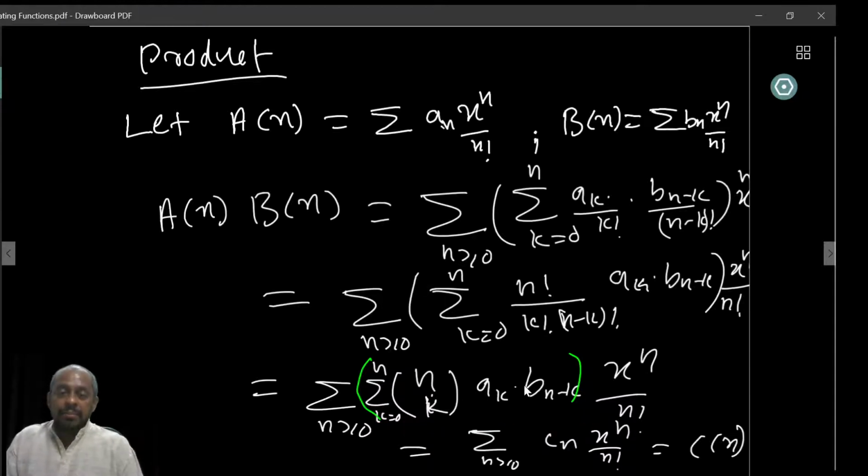So this is what connects with the explanation. n choose k is the number of ways to choose a k element subset, k ranging from 0 to n, and then once you select your subset, you build a type A structure on it. There are a_k ways to do that. Then on the complement, you make a B type structure on the n minus k element set. So that is b_{n minus k}.